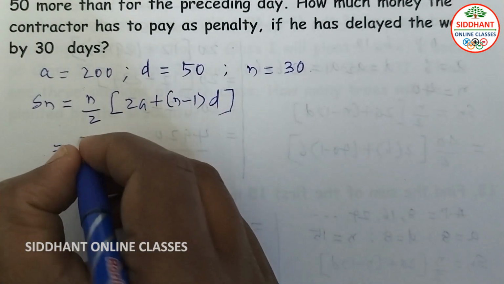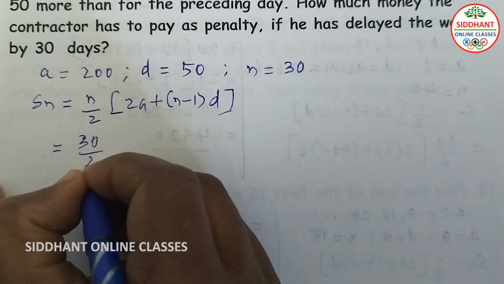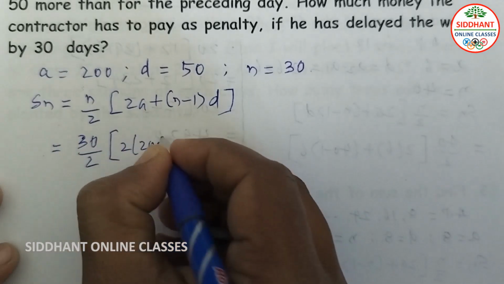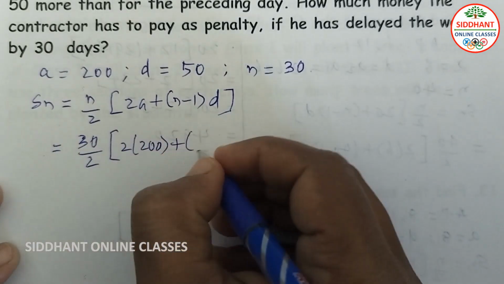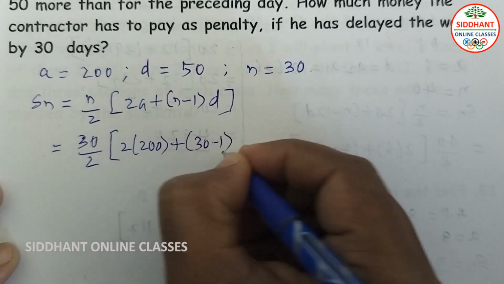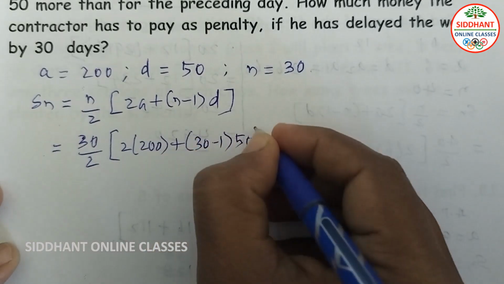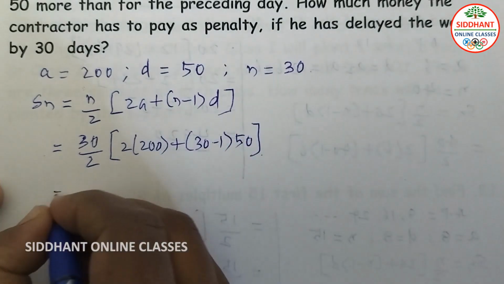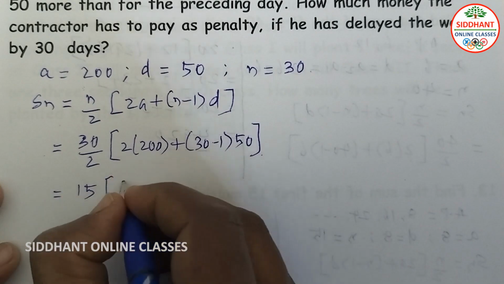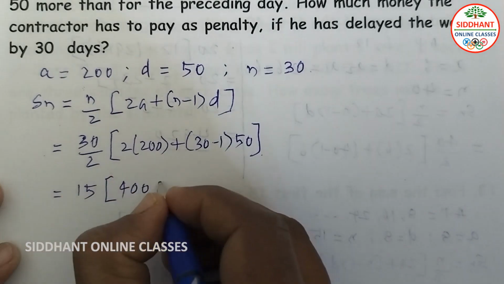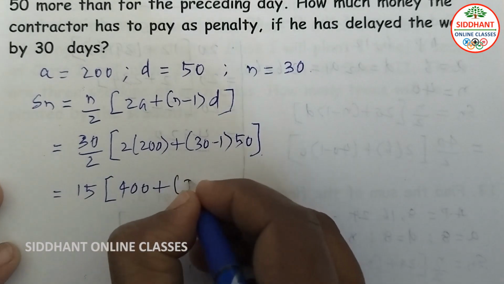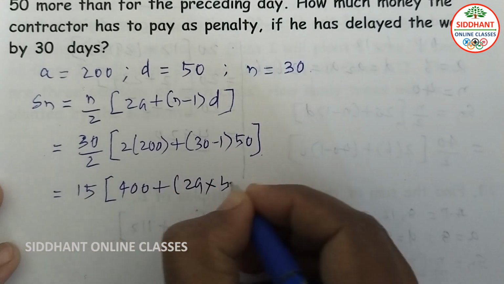So Sn, n means 30 days, 30 by 2 into 2 into 200 plus n, which is 30 minus 1, d is 50 here. 30 by 2 which is 15, 2 into 200 which is 400, plus 30 minus 1 which is 29 into 50 here.